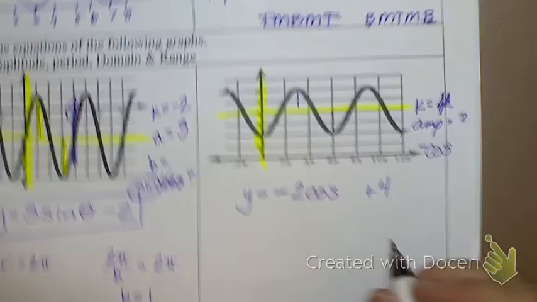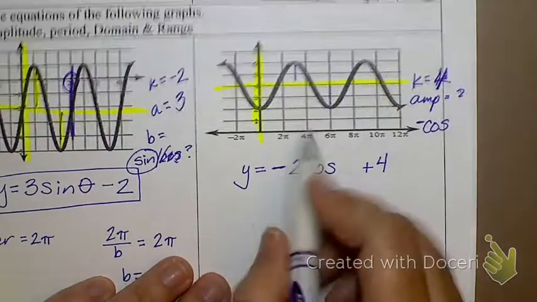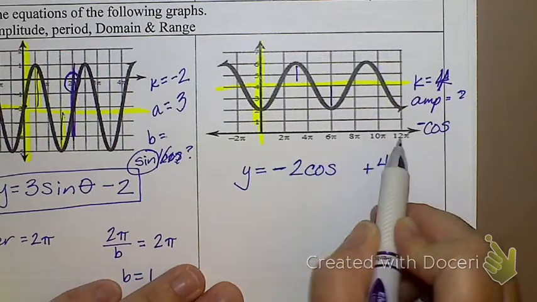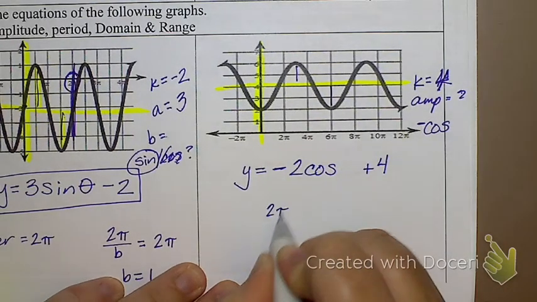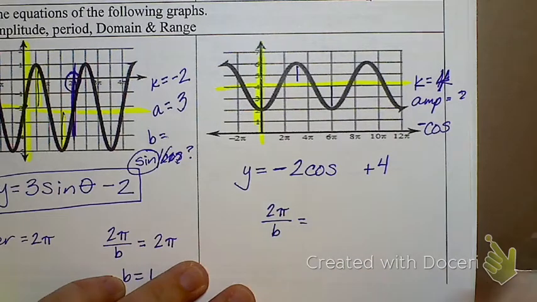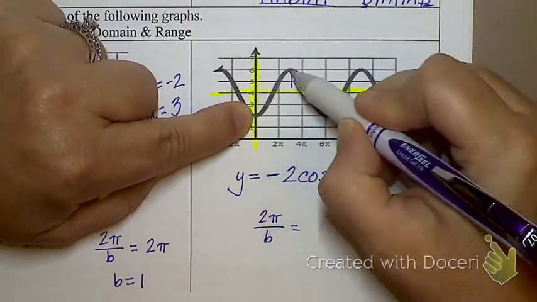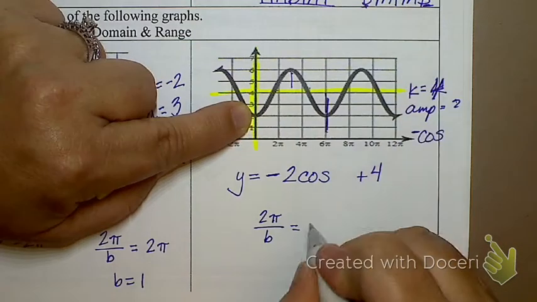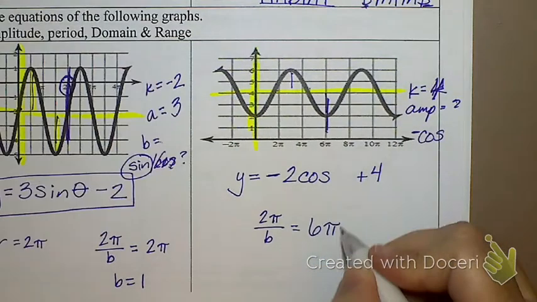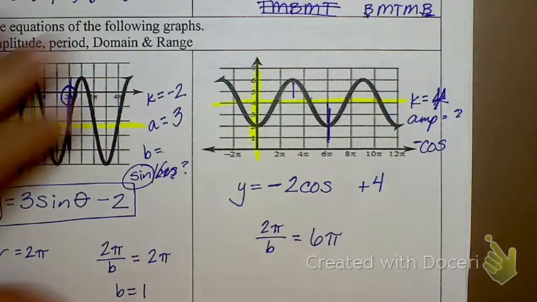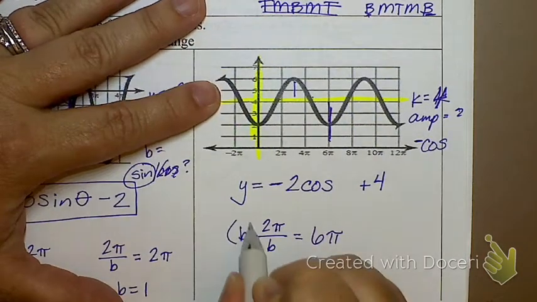How do I find that something theta? Well, we're dealing in radians, aren't we? So 2 pi divided by b is equal to whatever 1 period is. What is 1 period here? Bottom, middle, top, middle, bottom. It's 6 pi. Hang on. So I'm going to multiply by b.